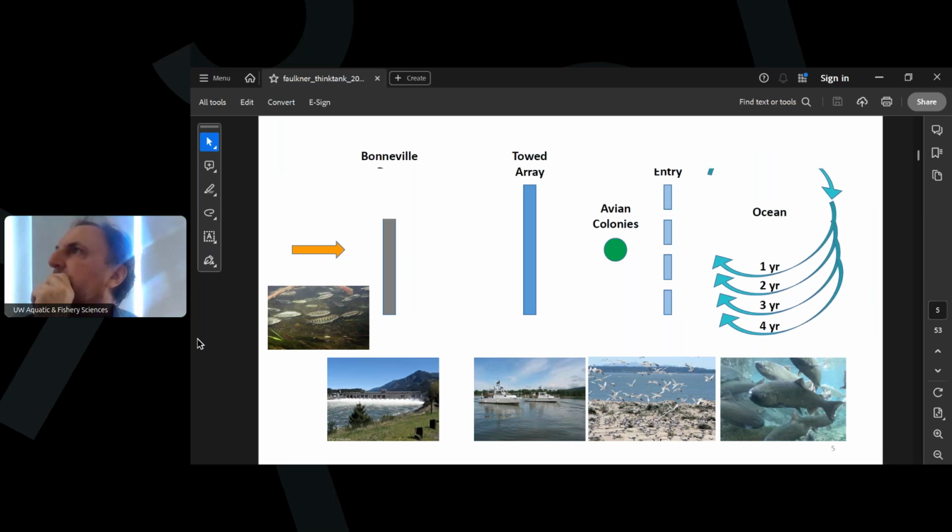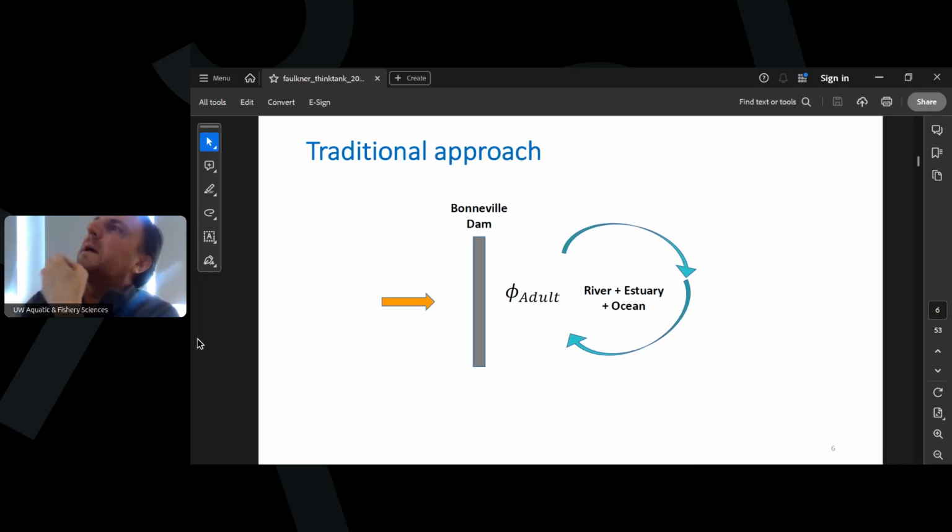Okay, next. What's traditionally been done, and there have been some other studies that have used the mark-recapture approach, but typically for smolt-to-adult return models from Bonneville Dam or from Granite Dam, it's basically a logistic regression. Did you return or not? Because detection is pretty high in the adult ladders, you can treat it as 100% detection.